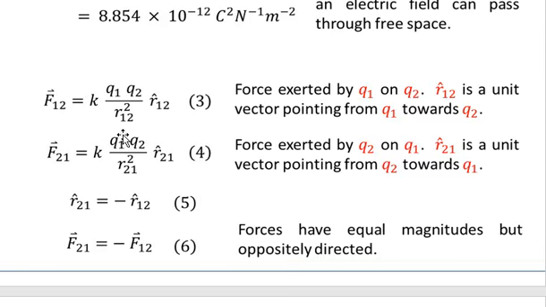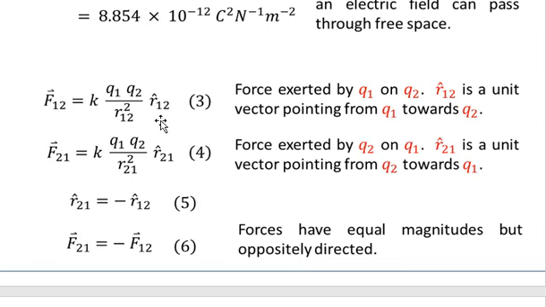And you can see that in equation number 3 and 4, in the denominator, I have r12 square and r21 square. Both these quantities are equal in magnitude because this is the square of the distance between the two charges. Either you label it as 1 2 or you label it as 2 1.